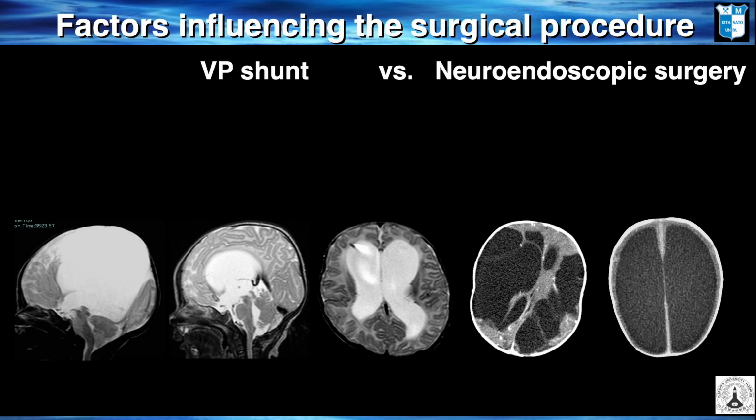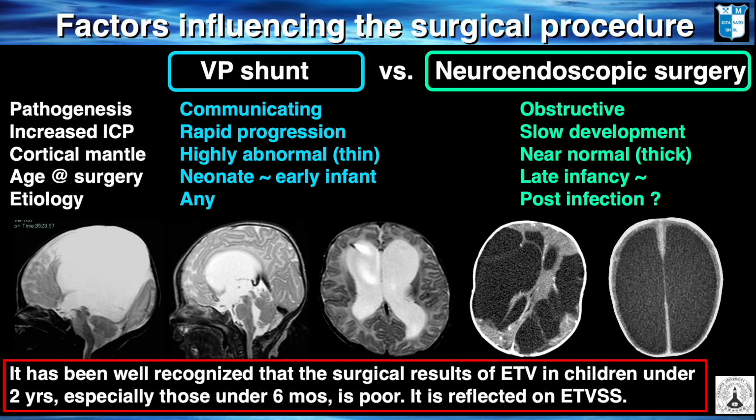So now you have two choices to treat hydrocephalus, VP shunt or neuroendoscopic surgery. And these are the factors that influence which one you choose. The pathogenesis, whether the exacerbation is rapid or slow, the cortical mantle, how it developed, and the most important, the age and etiology.